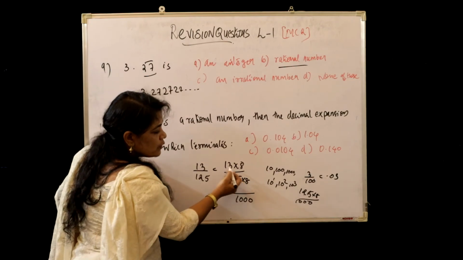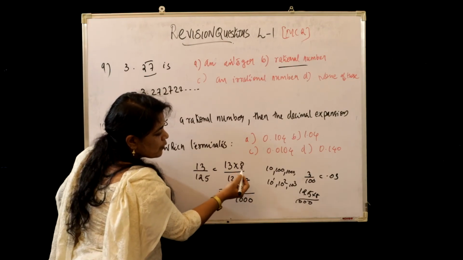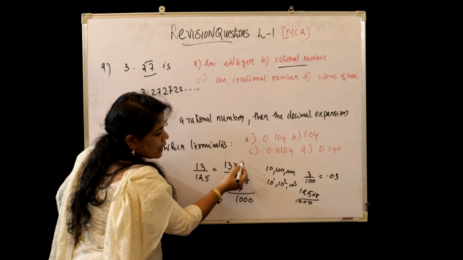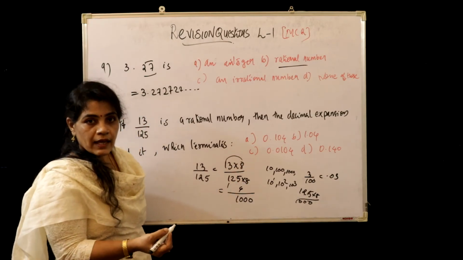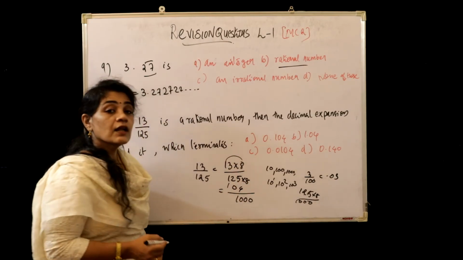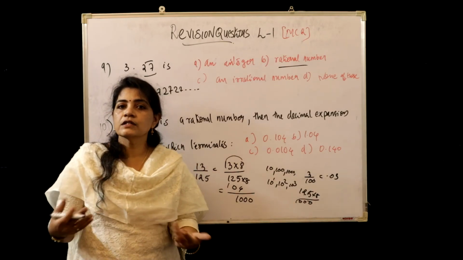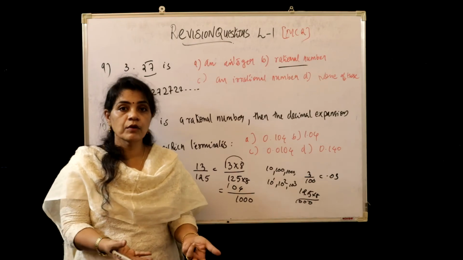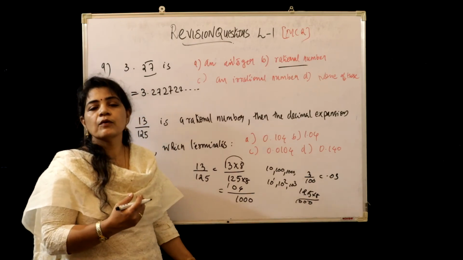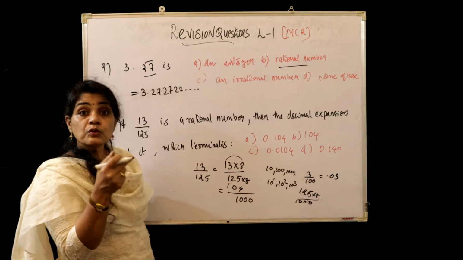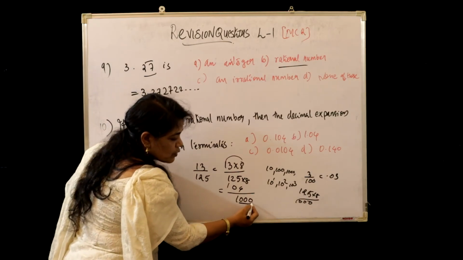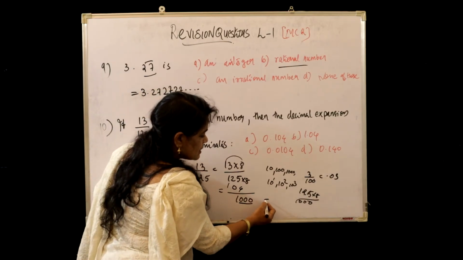Okay, so when you multiply 13 by 8, 24, okay, 2 carries, that is 5 to 8 into 1, 8 plus 2, 10, so 104 divided by 1000. Now without doing the long division, you can get the decimal number for this. That means shift the decimal point from right to left by 3 decimal places. Why? Because 3 zeros.